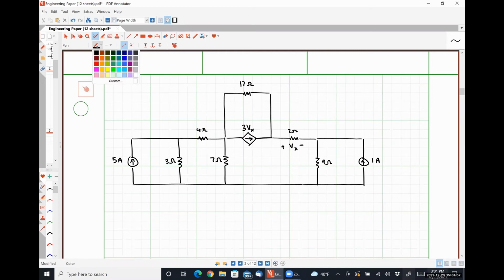So what I'm going to do here is I'm going to label some terminal pairs. We'll just worry about these for right now. Okay? The reason why I'm labeling these is because I want to burn into your brain the way to do this properly, okay? So how we are going to treat this operation of source transformation is we're going to disconnect the practical current source, transform it, and then reconnect it using the same set of terminals.